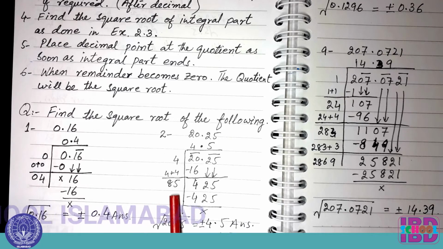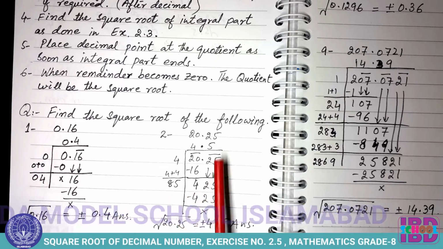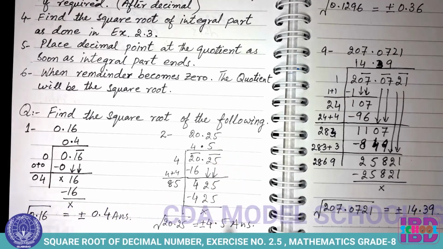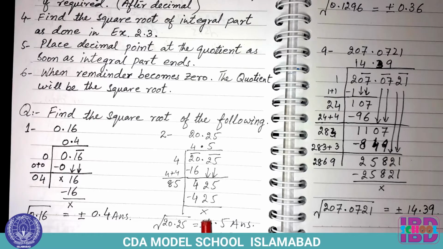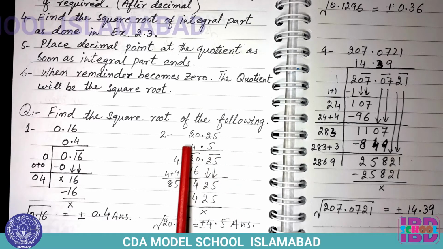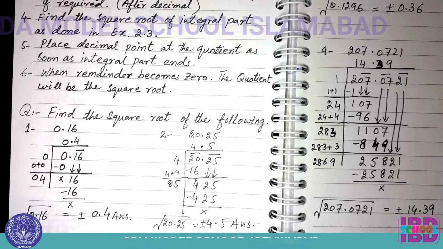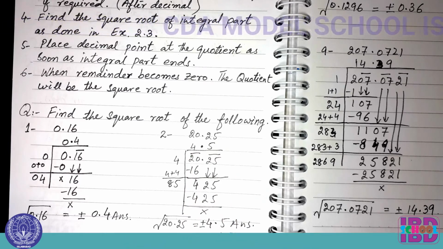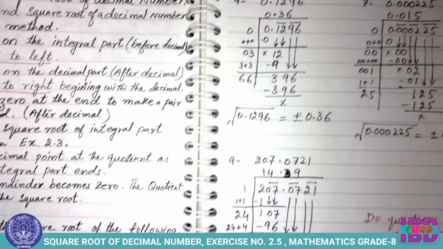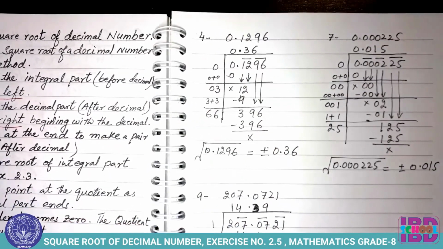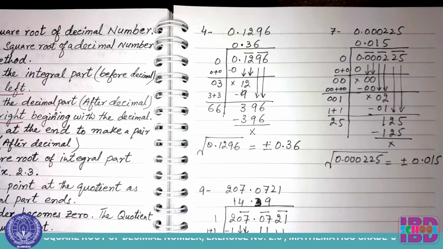As the product of 85 and 5 is exactly equal to 425, we use it. Hence the square root of 20.25 is 4.5. In the same way, I did questions 4, 7 and 9 for you.